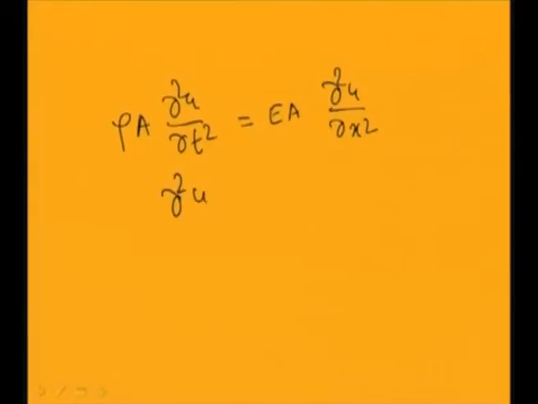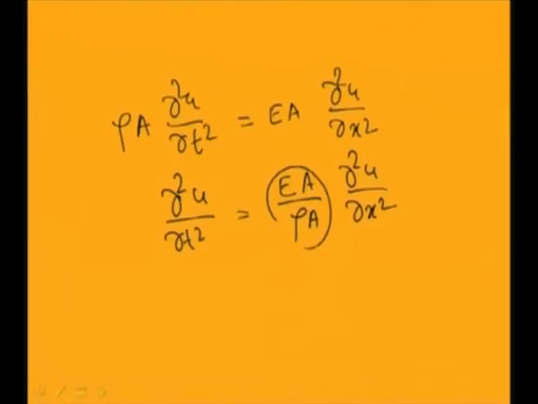That is, del square u by del t square equal to E A by rho A into del square u by del x square. Substituting E A by rho A equal to E by rho, I can write del square u by del t square equal to E by rho del square u by del x square.